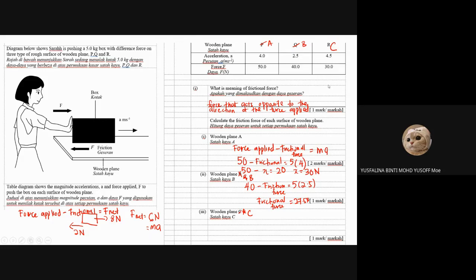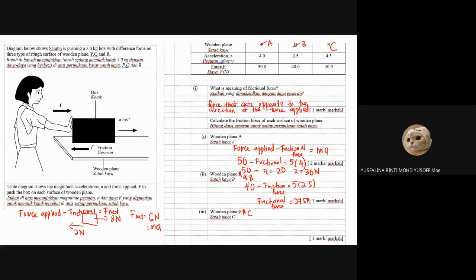So you have to read the question carefully. For number 3, wooden plane C, we ask Lim Ziyin. Wooden plane C: 7.5.